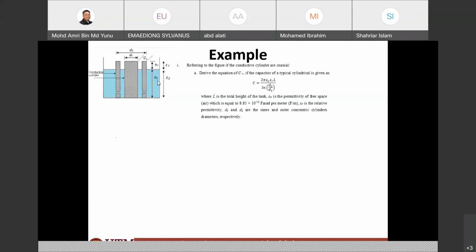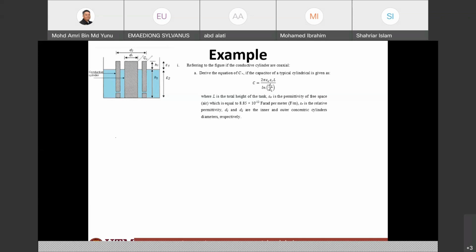Epsilon naught is the permittivity of free space, which is equal to 8.85 times 10 to the power of negative 12 farad per meter. Epsilon R is the relative permittivity, whether it is liquid or air, and D1 and D2 are the inner and outer concentric cylinder diameters respectively.